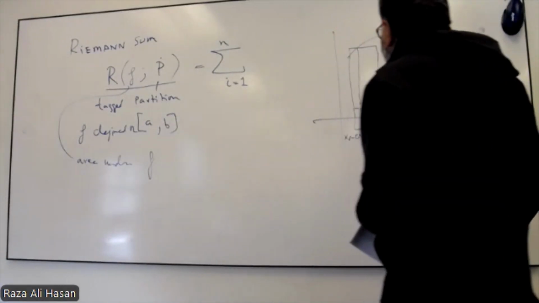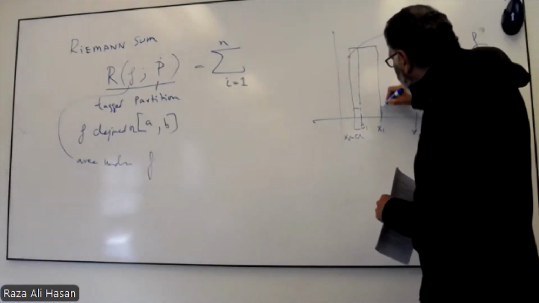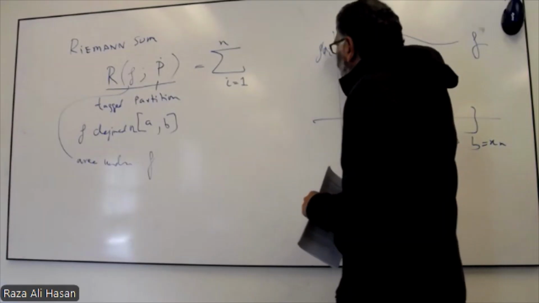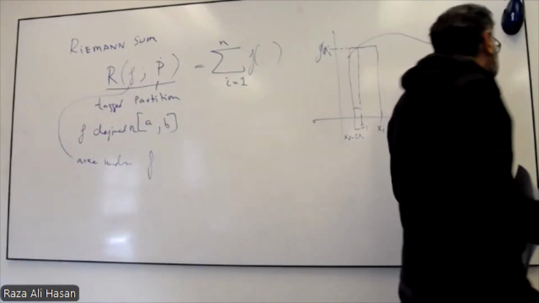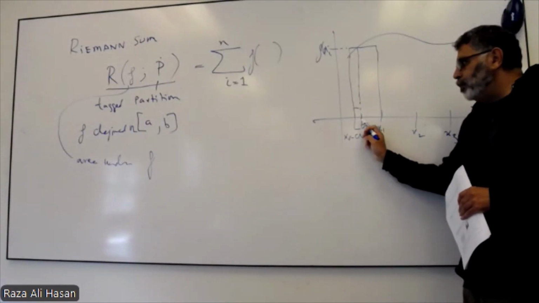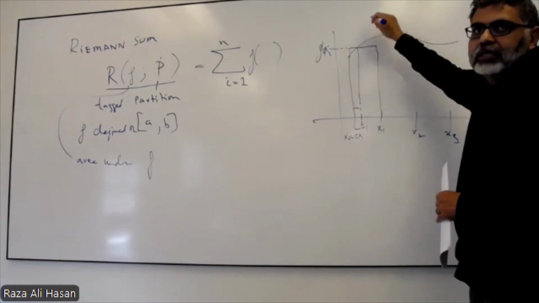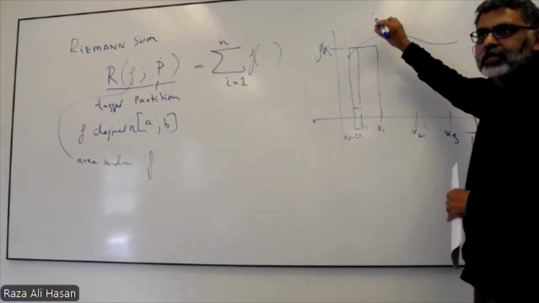So what's the height here, folks? It's the height of this thing. What is this thing here? Very good. And do we put x1 or do we choose randomly within this subinterval the best point so that we get the height of the rectangle?